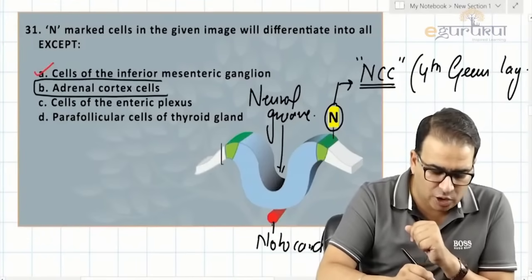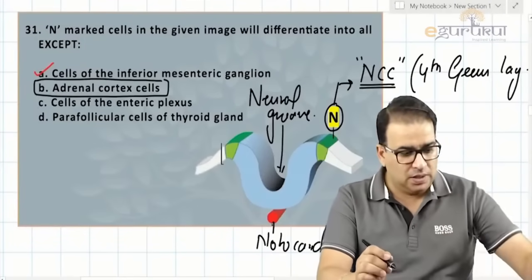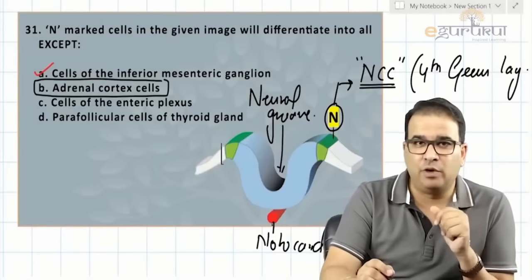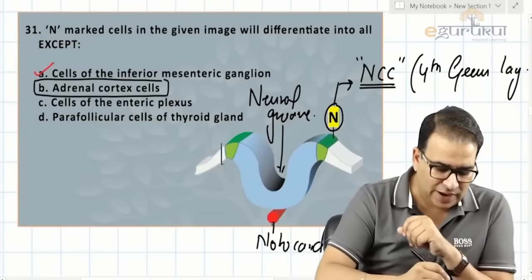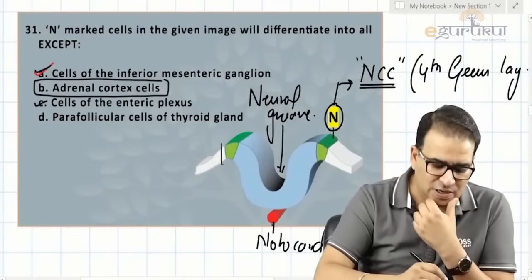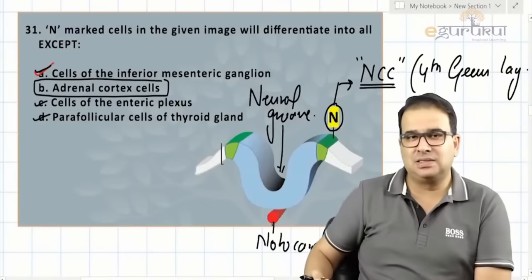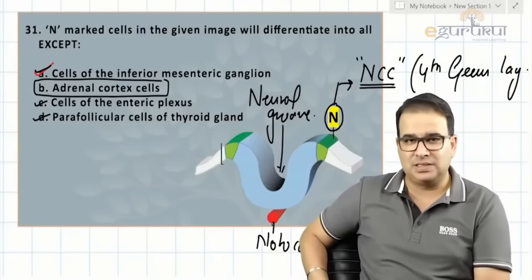It's not the adrenal cortex, it's the adrenal medulla. We have sympathetic neurons there as well. That is derived from the neural crest cells, not the adrenal cortex. Let's read the other options. Cells of enteric plexus. Again, enteric plexus is peripheral nervous system only. Parafollicular cells of the thyroid gland, we just said, these calcitonin-producing parafollicular C cells are derived from the neural crest cells.